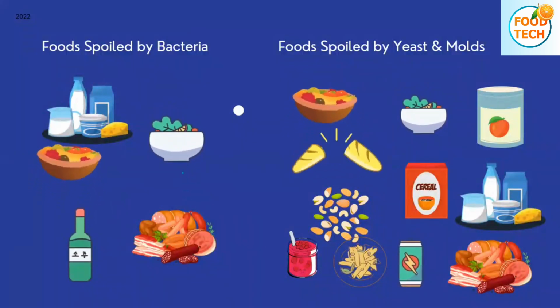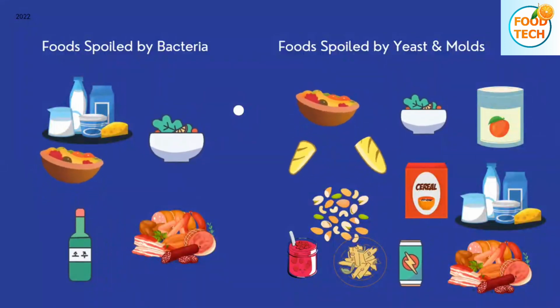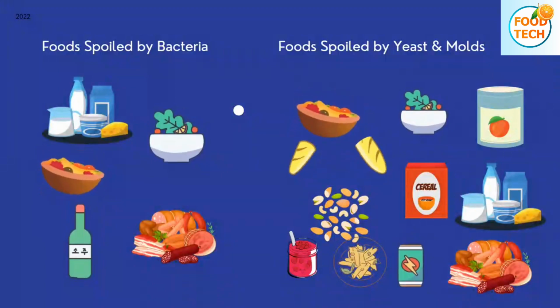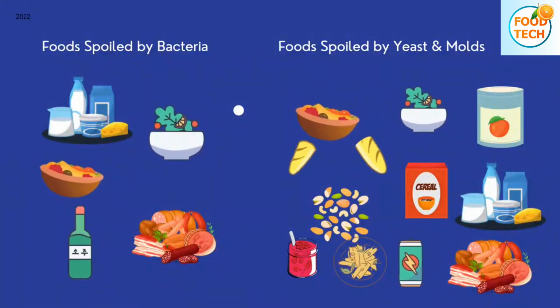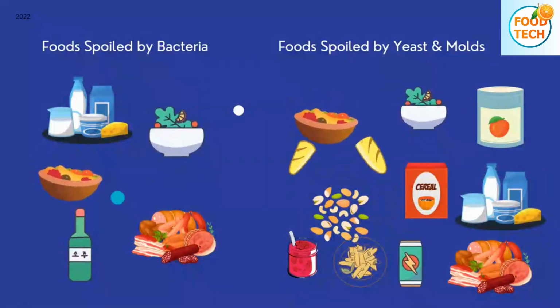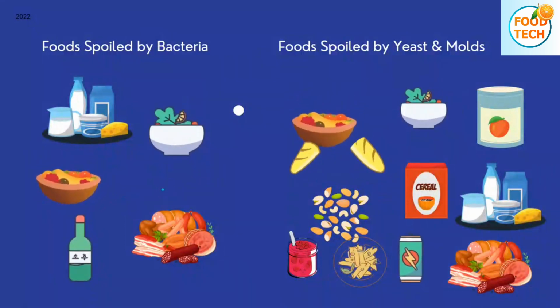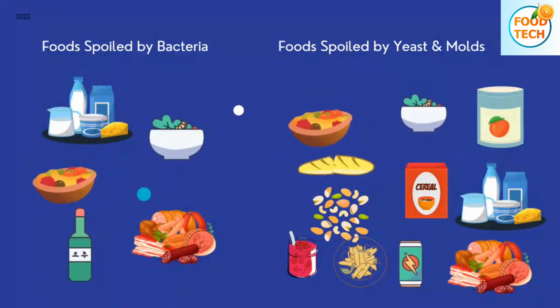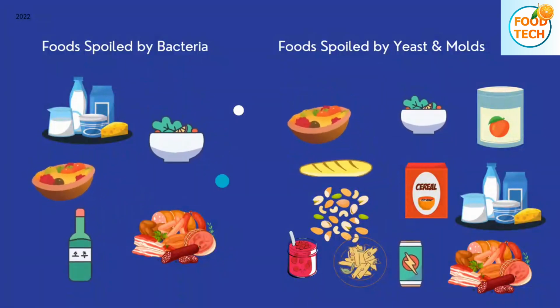Soft drinks, guys, the soft drinks which have neutral pH, because the majority of soft drinks have acidic pH, right? But bacteria, as you all know, cannot survive in acidic pH. So the soft drinks which have neutral pH or basic pH, bacteria can survive in these and can spoil such foods, right?